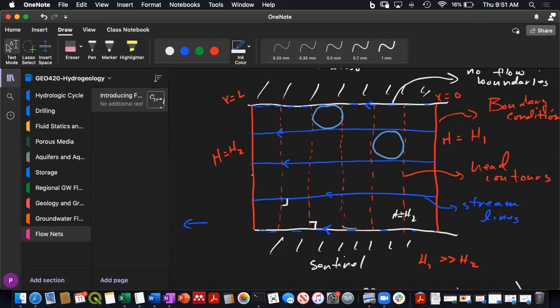So contouring rules are, they cannot cross each other. Contours cannot intersect. That basically says I've got a head of 10 and I've got a head of 11, and where those 2 intersect, I'm saying there's a head of 10 and a head of 11 at the same point. That doesn't make any sense. All right. So they cannot intersect.